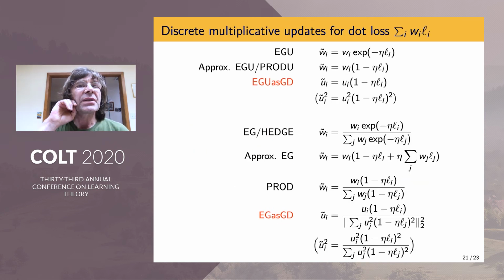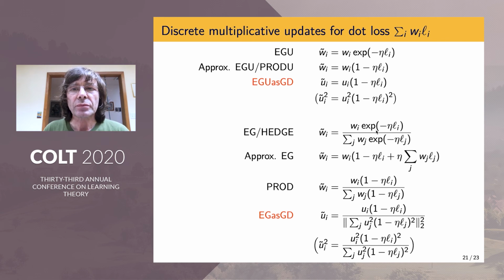So here are all the updates. Exponentiated gradient unnormalized. I used the hinge loss, dot loss. Unnormalized version of the approximated exponentiated gradient. You get this. And now this is our update. So we work with the square roots of the weights, which are the U_i, you see? And if you go back to the original, you have to square them. Hedge update, famous update related to weighted majority.